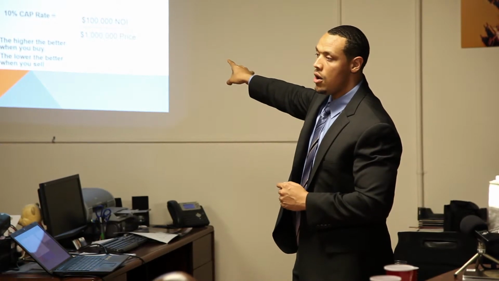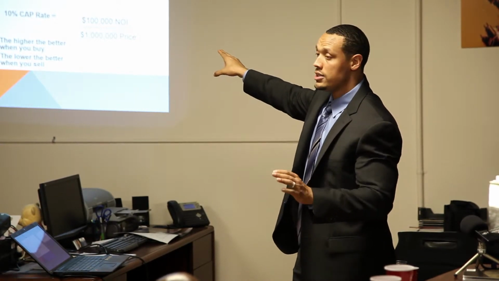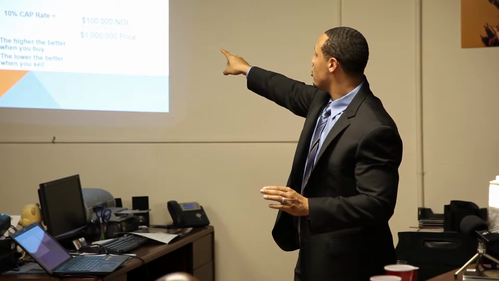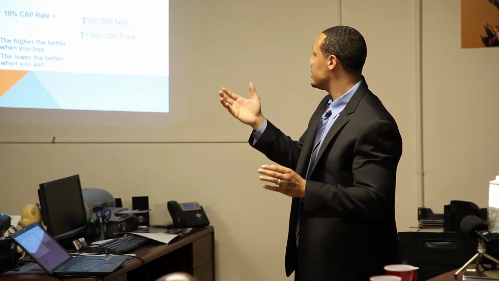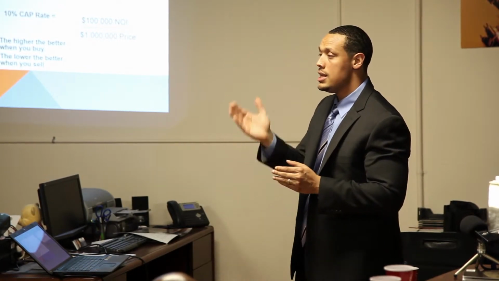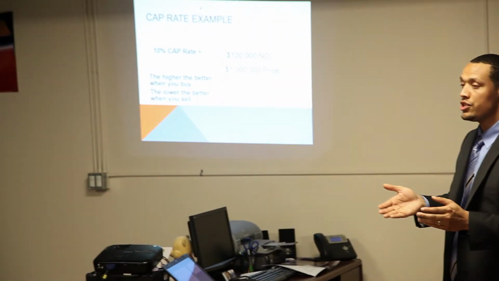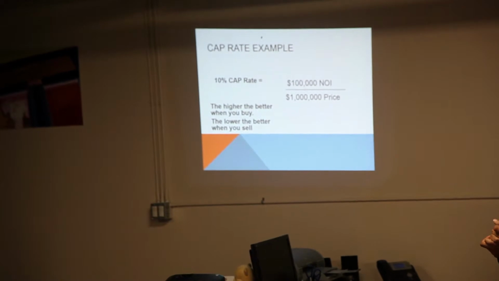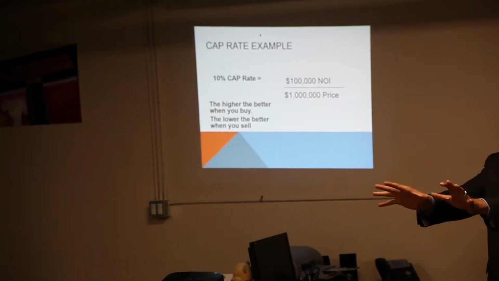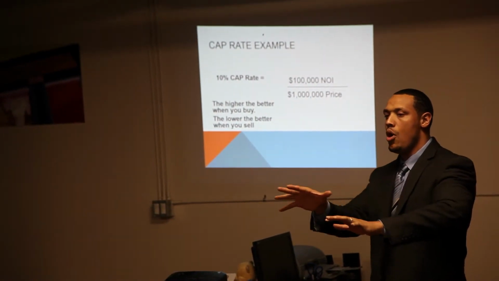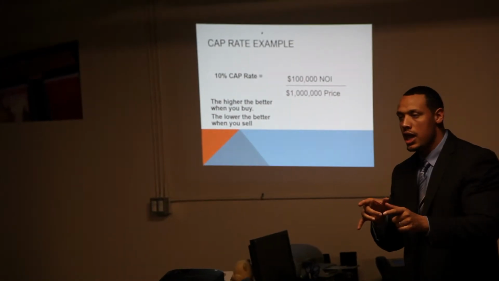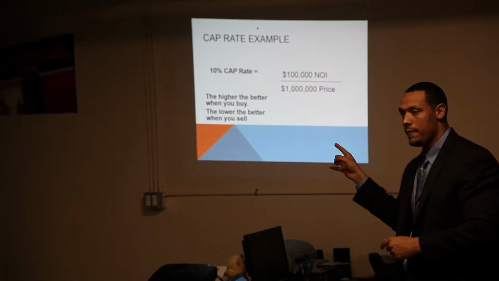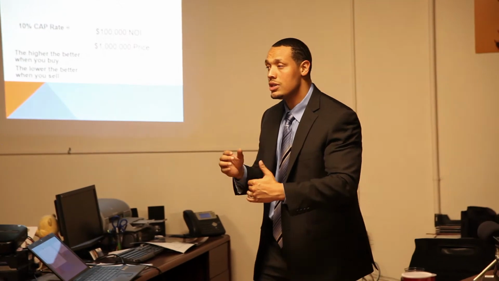The market is still the same, still a 10% cap rate. So to get to price, you take the net operating income, 200 grand, and divide that by 10%, 0.1. Anybody know what that would be? $2 million. So you can't affect the market, but you can affect the income. And also, you can time things right.